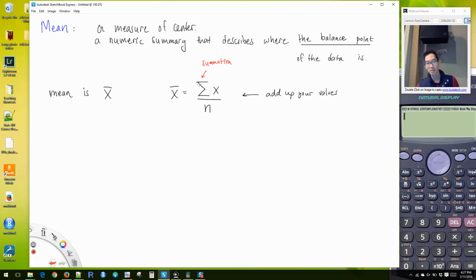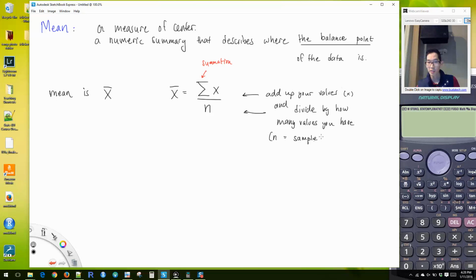So this thing that looks like a sideways M or an E, this is a sigma. If you're familiar with the Greek alphabet, sigma is kind of like the capital S, and that means summation, which means add up all of your values x, and then divide by how many values you have, which is n, the sample size.